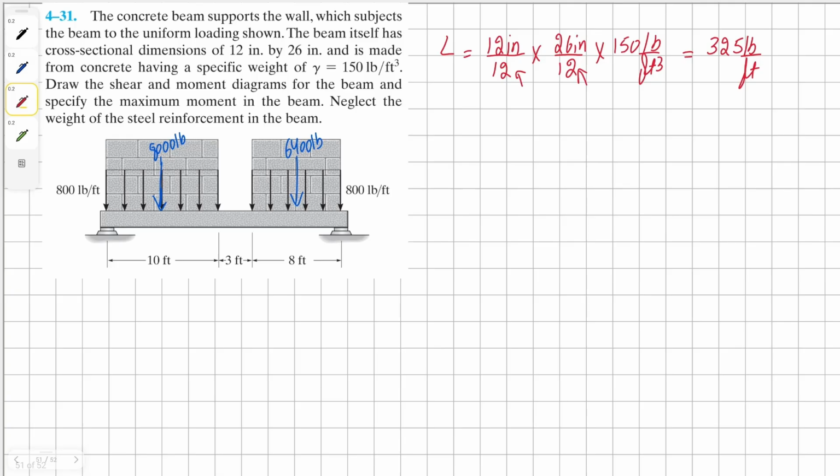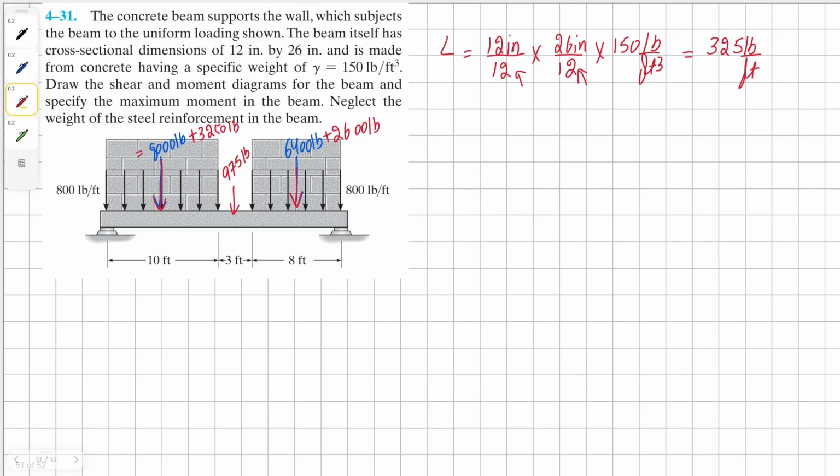All right, now that we have that, let's convert the beam into point loads as well. So we can have, in the center, 975 pounds, and on the right hand side we're going to have 325 times 8, which is 2600 pounds, and on the left hand side it's going to be 325 times 10, which is 3250 pounds.